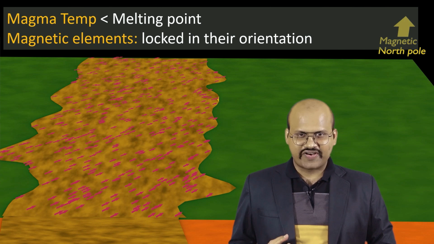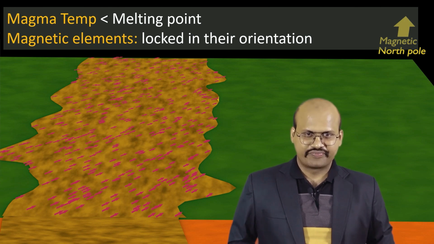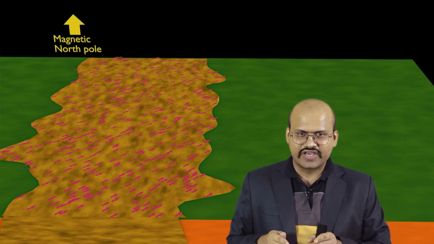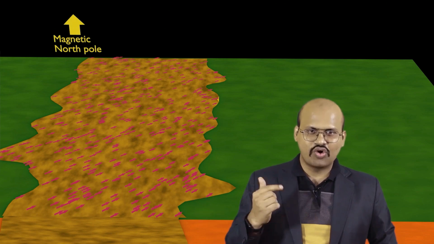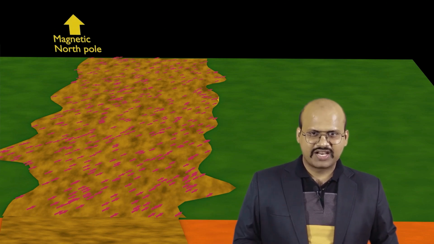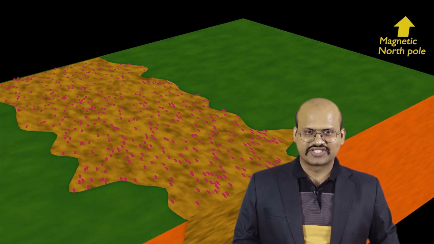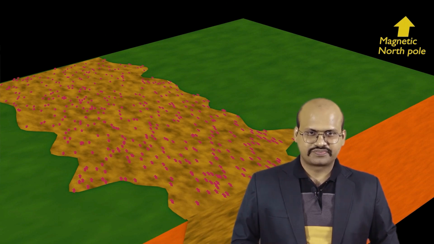Once they are solidified and formed into a rock, these magnetic elements are locked into position. Now, even if the magnetic north pole moves away from its position, these elements will continue to point in their old directions. Similarly, even if this landmass is moved due to continental rift or other processes, still these elements will hold their position.